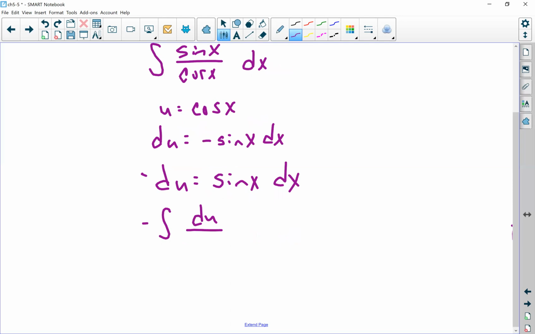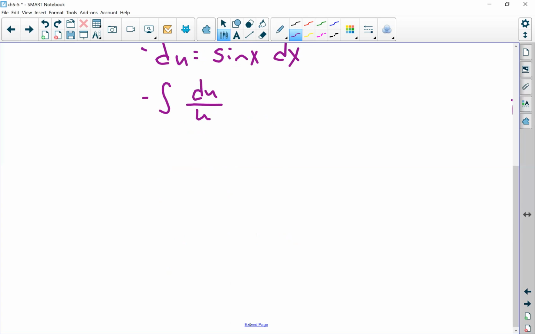And then I get u in the denominator. When I integrate, I'm going to get a negative. What is the integral of du over u, or 1 over u du?